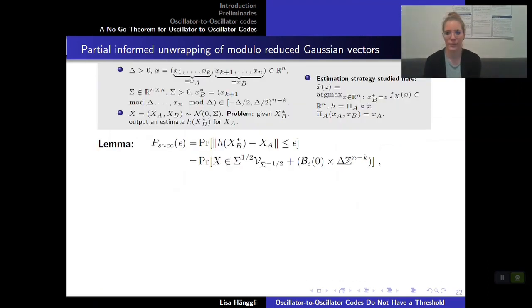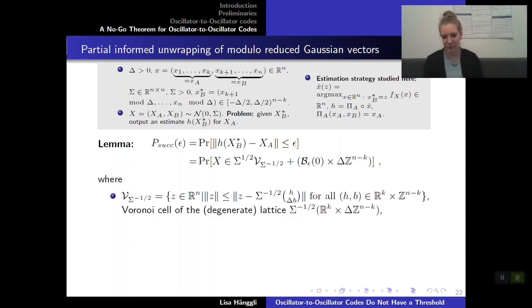Okay, so now the following lemma tells us that the success probability of the classical problem, which is equal to the probability of the estimate being epsilon close to the actual x_A, is given by the given expression. And here, the V is the Voronoi cell of the degenerate lattice determined by sigma to the -1/2.